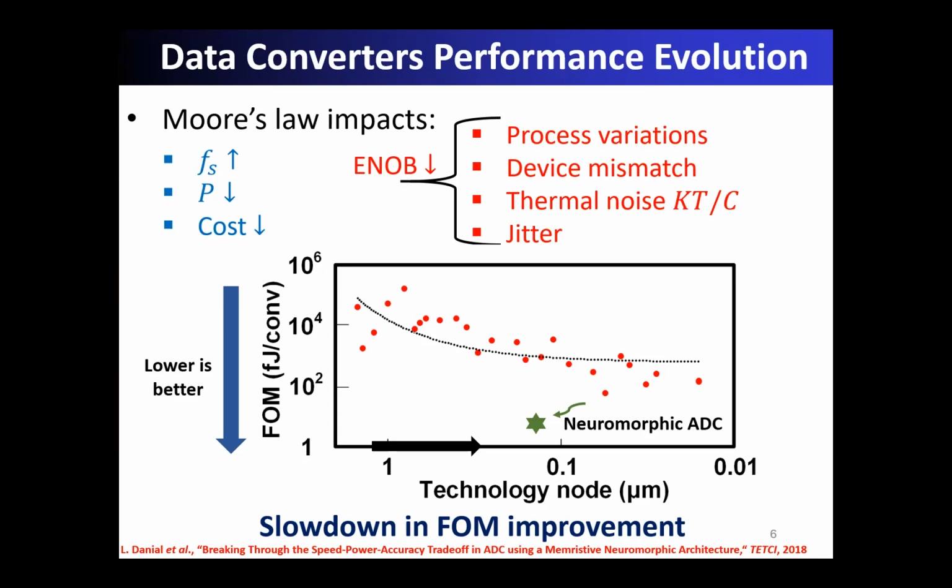So here we can observe the slowdown in the improvement of the figure of merit. And this talk will introduce an innovative conversion paradigm based on a memristive neural network ADC architecture that could potentially obtain 2 orders of magnitude better figure of merit. Just to emphasize that our rough estimations consider only passive elements. They exclude the active elements of the ADC.